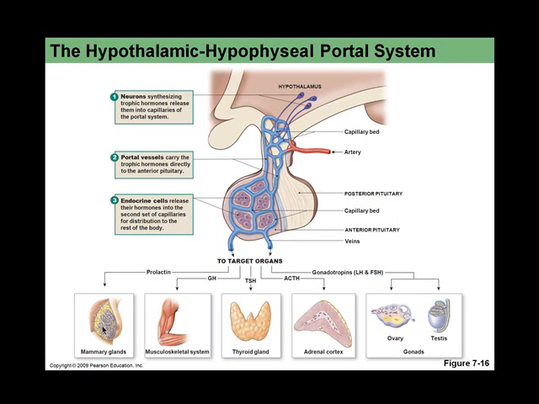prolactin to the mammary glands, the milk-producing cells themselves, growth hormone to the musculoskeletal system and to the liver, thyroid stimulating hormone, and remember, the blood is going everywhere from the aorta, right? So all tissues are receiving the blood. All interstitial fluid compartments are experiencing a certain basal or increased or decreased level of these hormones.